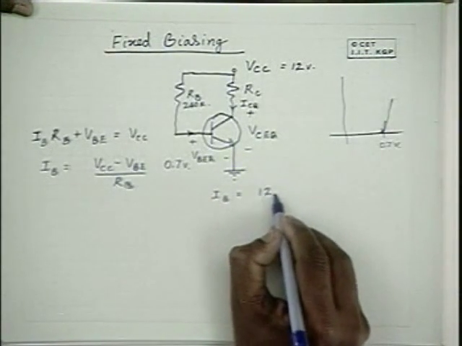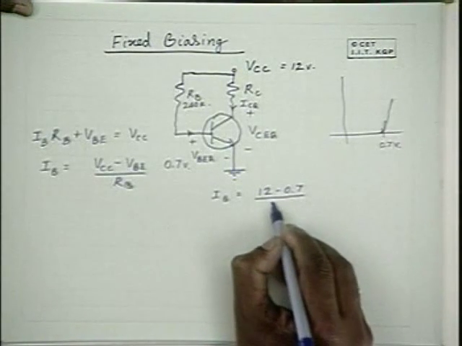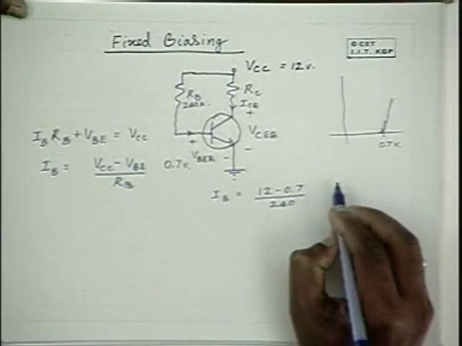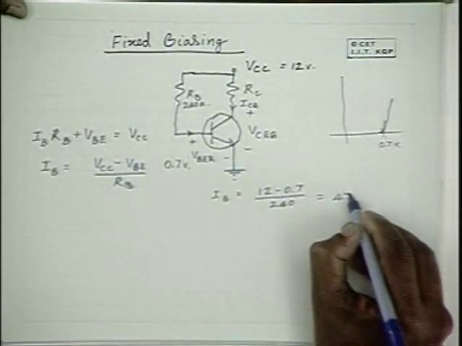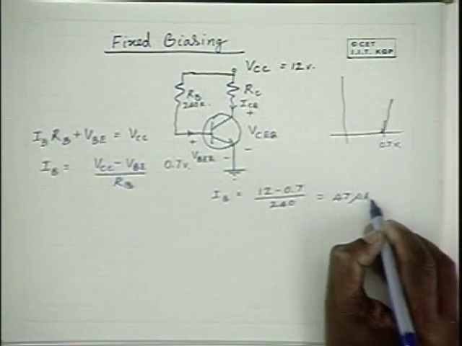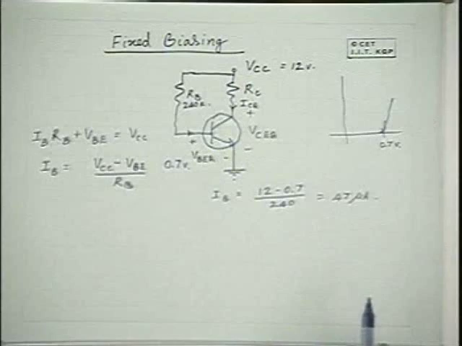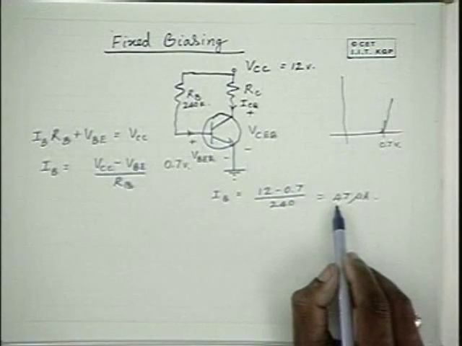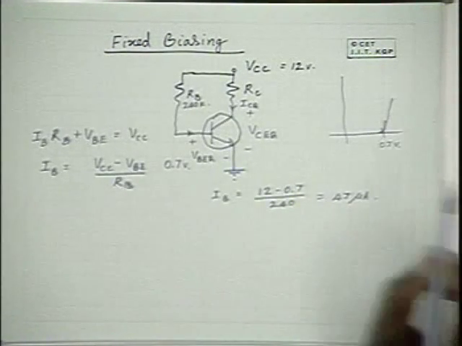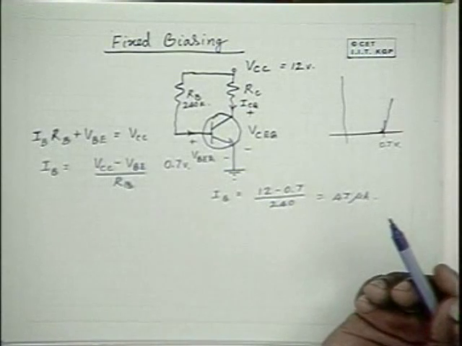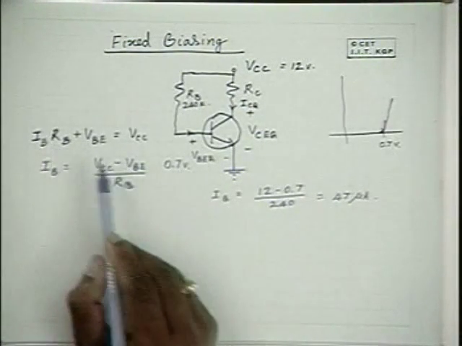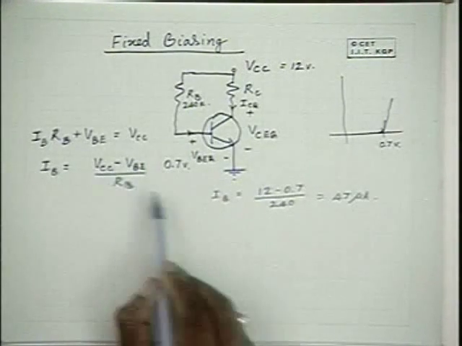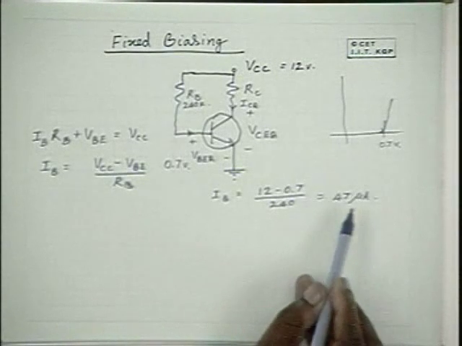IB is equal to 12 minus 0.7 by 240 K, which is about 47 microamperes. It is very simple. If you want to provide an IB of 20 microamperes, RB would be VCC minus VBE by IB. So 12 minus 0.7 by 20 microamperes, that much RB is required.